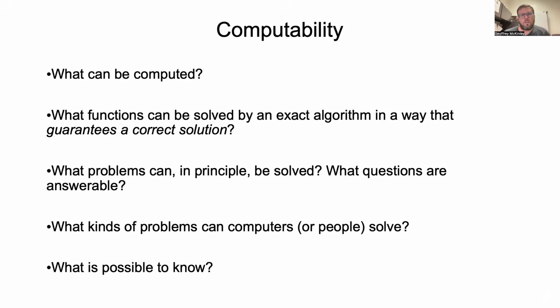What can be computed and what functions can be solved by an exact algorithm or steps in a way that guarantees a correct solution? What problems can in principle be solved and what problems are answerable? What kinds of problems can computers or people solve and what is possible to know?